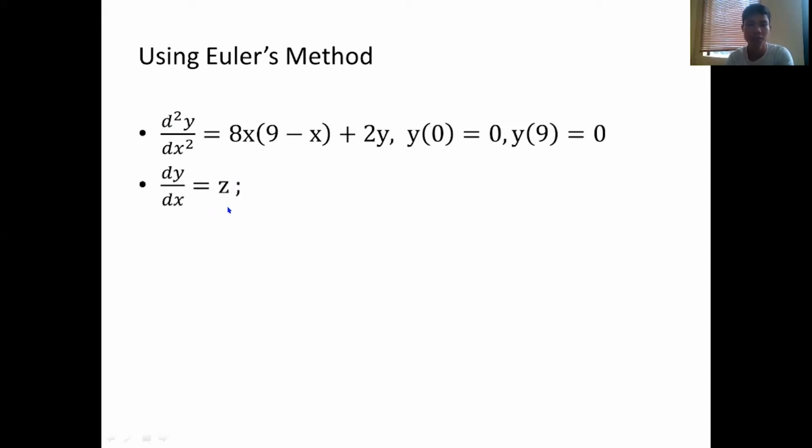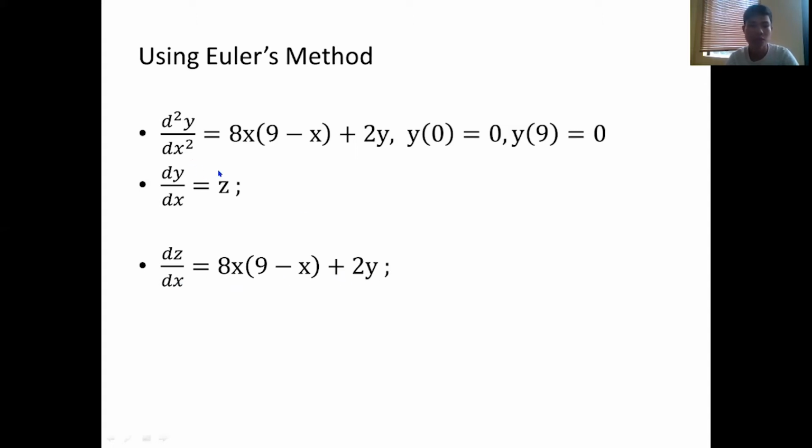So first, we are going to introduce another variable, which is z, and z is equals to dy over dx. So this equation, substitute natin siya dito. That will give us dz all over dx is equals to 8x times 9 minus x plus 2y.